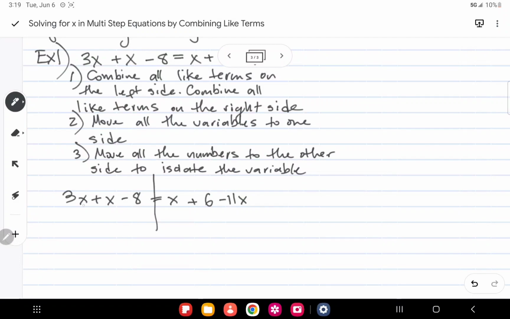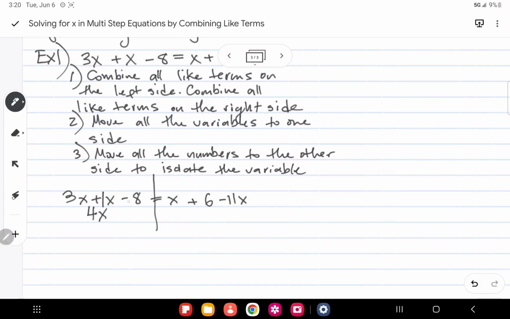Now, this is 3x, and you have an x, or that's also just saying 1x. Now, I know for some students, this is difficult to comprehend, but it's totally understandable. Sometimes I think of this as you have 3 candies, and you add 1 more candy. So in total, 3x plus x, or 3 candies plus a candy, is 4 candies or 4x.